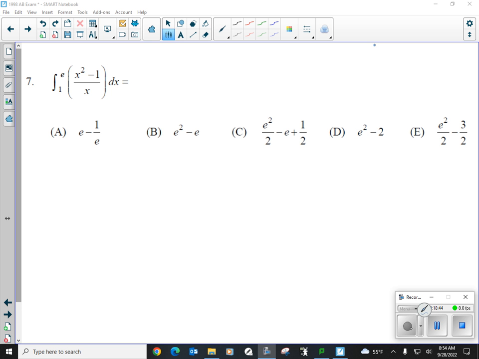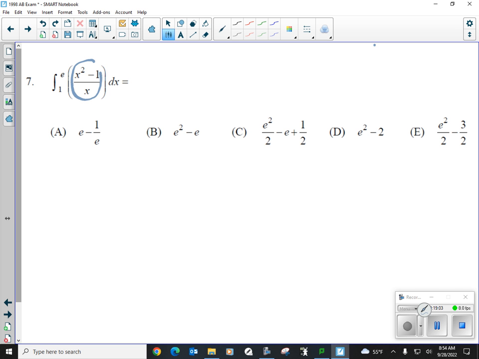I'm kidding. Number 7, integrate from 1 to e, that is the number e, the expression (x squared minus 1) over x dx. Before I do any integration, I'm going to simplify this.